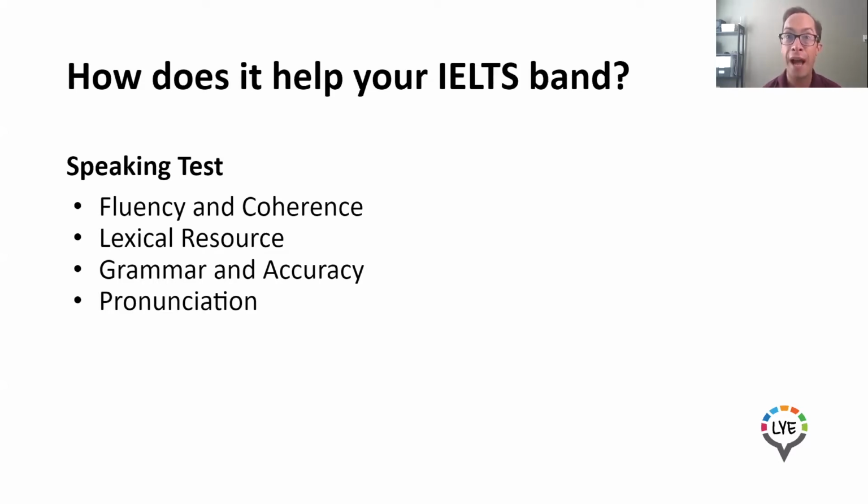Lexical resource, how high of a level is your vocabulary. Grammar and accuracy, how many grammar types are you using? How accurate are you? And finally, the pronunciation. How clearly are you speaking and how smoothly are you speaking? Are you speaking in a way that is clear to understand?